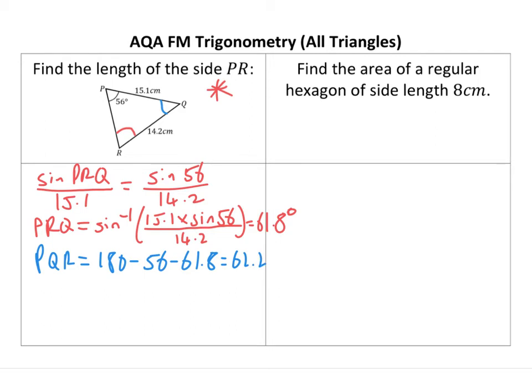Now, again, I could use the sine rule now, but I want to demonstrate the cosine rule. So the cosine rule is going to give me PR squared equals, it's the two sides either side, because I'm given them, 14.2 squared minus 2 lots of 15.1 times 14.2 cos 62.2 degrees.